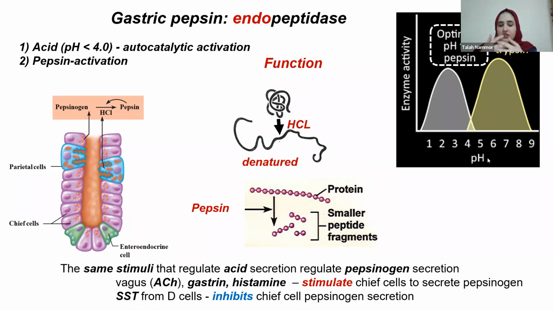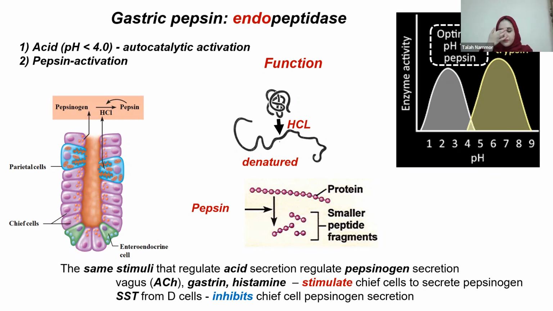When it sees the gastric acid, it will transform into pepsin, which is the active form. This pepsin, what will it do? As you can see here, it will break down the proteins into smaller peptide fragments. This is a very easy slide, guys, and no need to waste time on it. I'll move on.